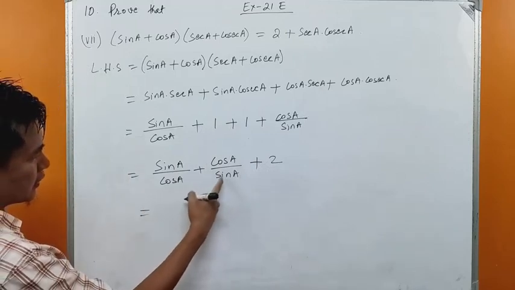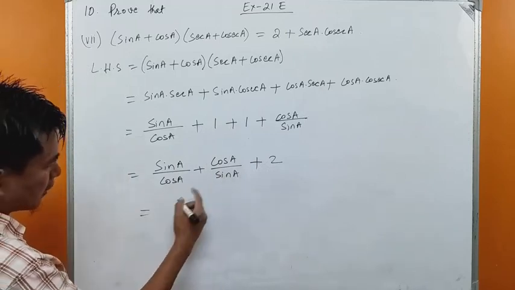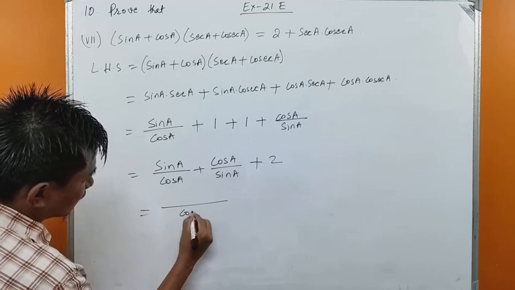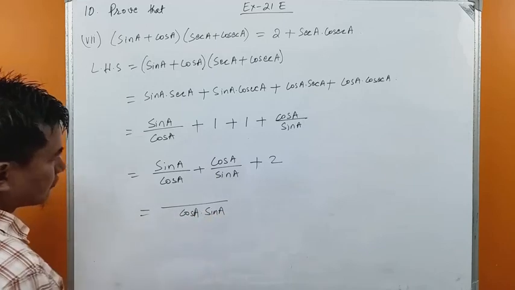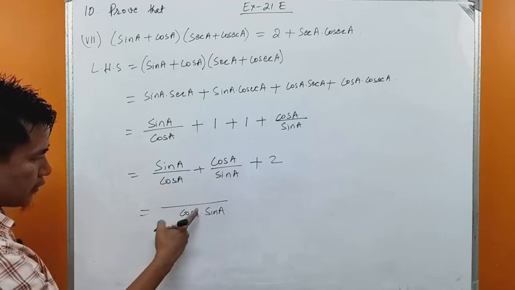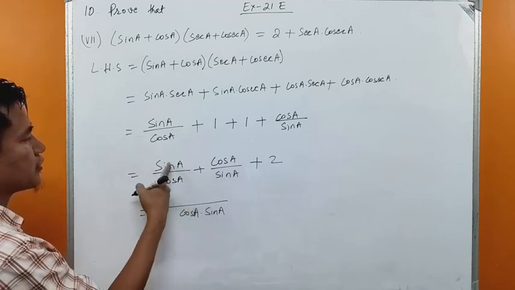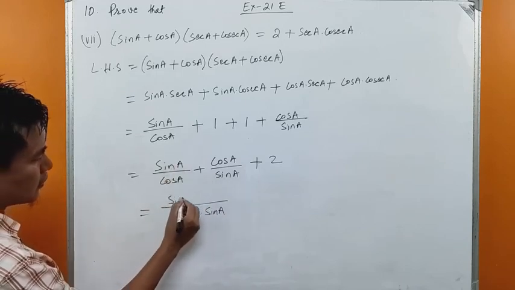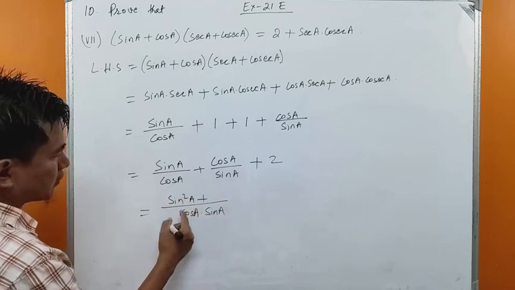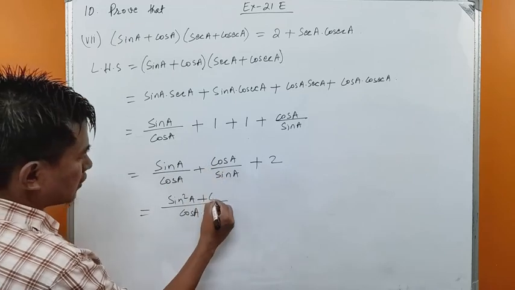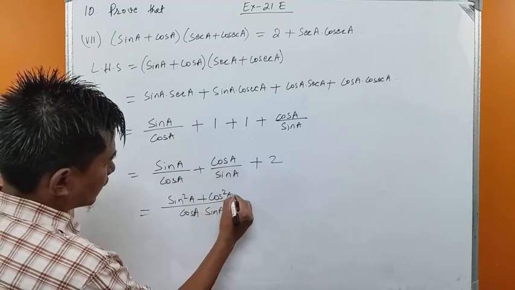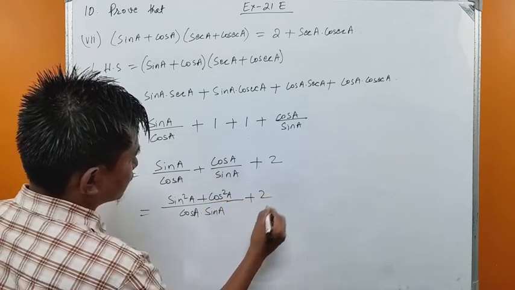Now let's take the LCM of these two denominators, cos A into sin A. Now cos A into sin A gives us cos A sin A, so that means sin A into sin A, sin square A, plus sin A into cos A gives us cos A sin A, so cos A into cos A, cos square A, plus 2, isn't it?